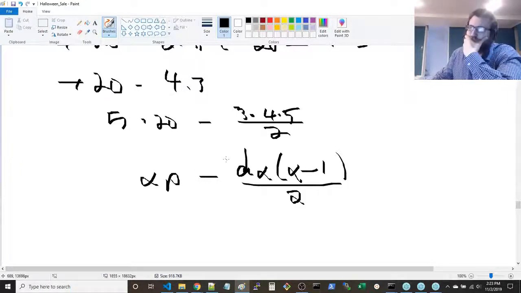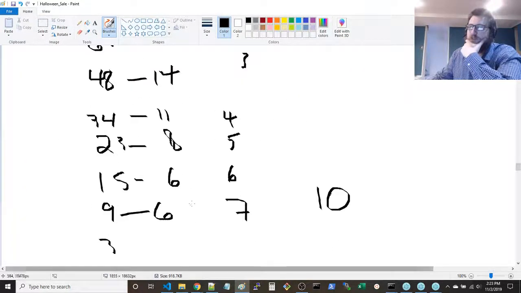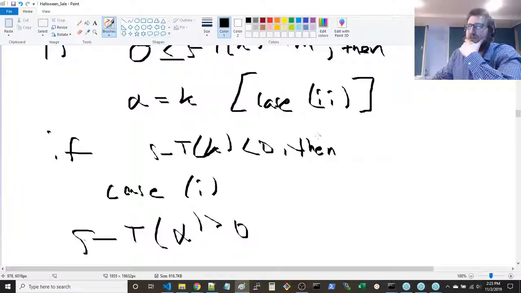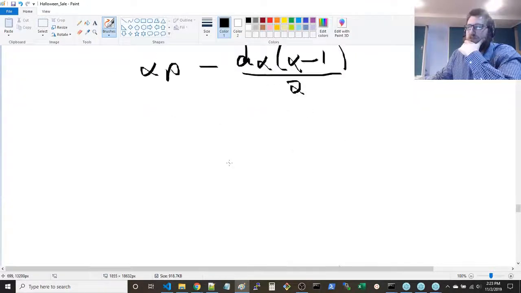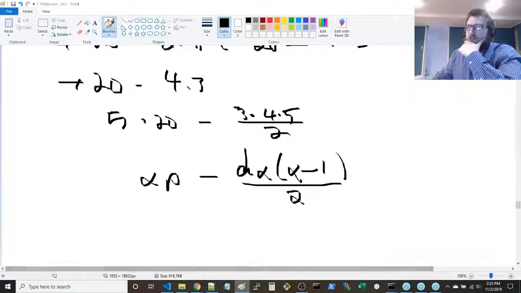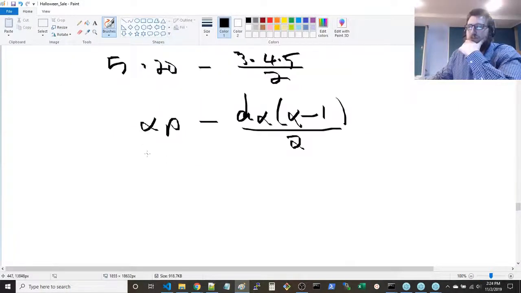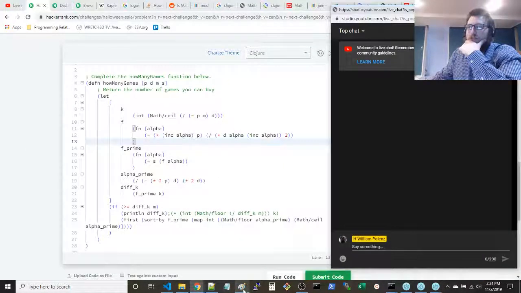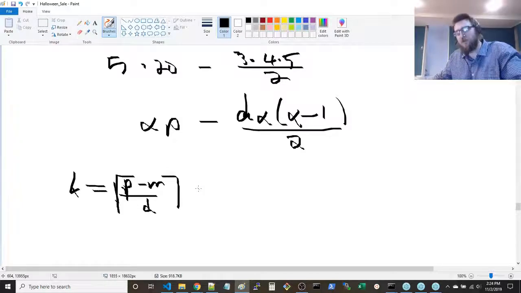Okay. Wow. All right. That just kind of rocked my world, because all my calculations are wrong after that. The idea is the same, but this function that we started with has got to be different now. We've got to reapply all this stuff. So first things first, this is K, we said is P minus M over D, floor or ceiling, I think this is still the same.